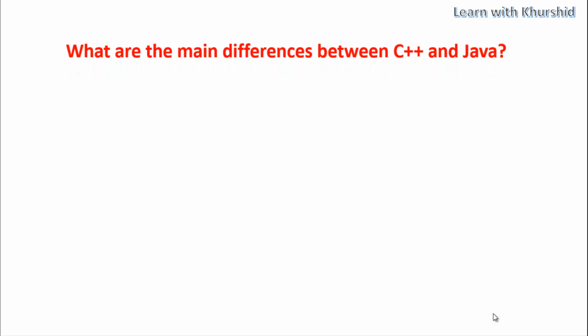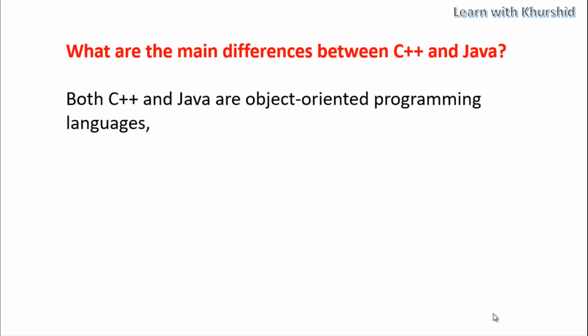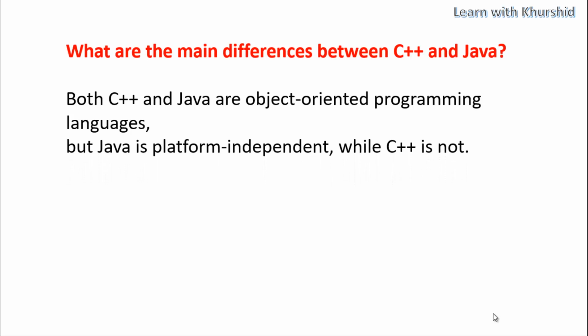What are the main differences between C++ and Java? Both C++ and Java are object-oriented programming languages, but Java is platform independent while C++ is not. When C++ code compiles, it is converted into an exe file that will run only on the machine where it is built.